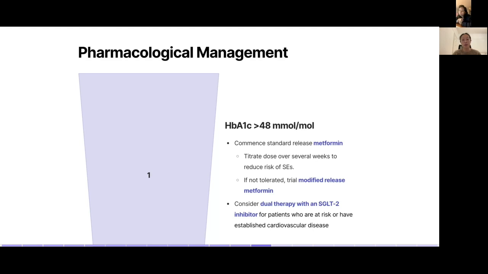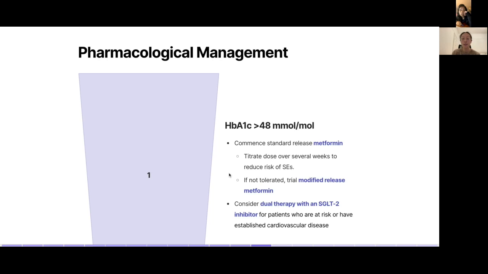Okay, so I've created a stepwise ladder of how to think about type 2 diabetes drug management if conservative measures fail. The first thing we always give is metformin, unless you've got really impaired renal function, but normally you start with a reduced dose if they've got reduced eGFR, and you gradually titrate that up. Of course, the classic side effects are GI upset, so if they're having diarrhea or GI discomfort, you titrate them to modified-release metformin.